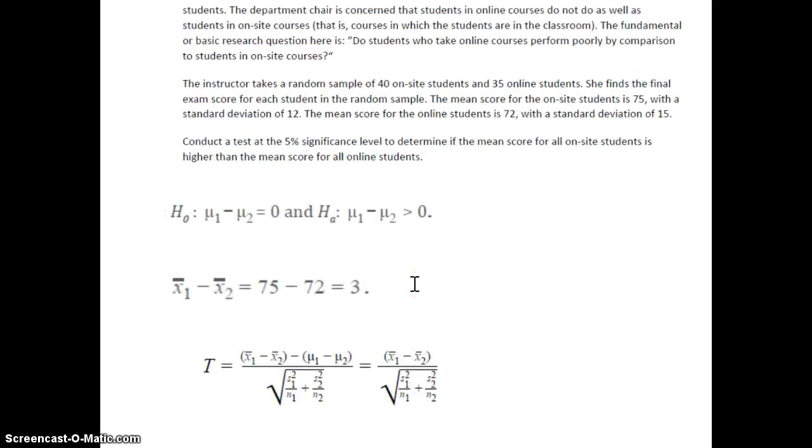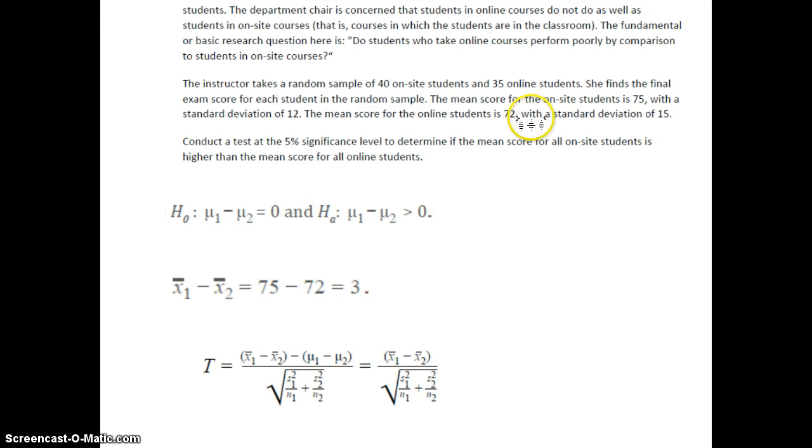If the first population is the on-site and the second population is the online students, and the on-site students are doing better, then the difference of the means is going to be bigger than 0. And for the null hypothesis, we have mu1 equals mu2, or mu1 minus mu2 is 0.